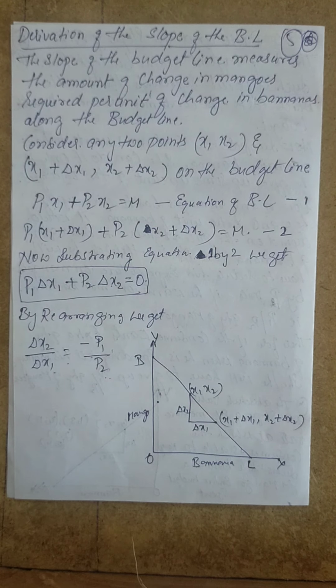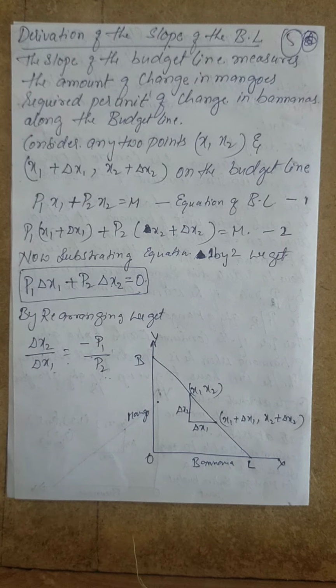In the past video we have seen the budget line and a budget set. It is a combination of two goods, isn't it, which can be consumed with a certain amount of money. So that is where we discussed the budget set.